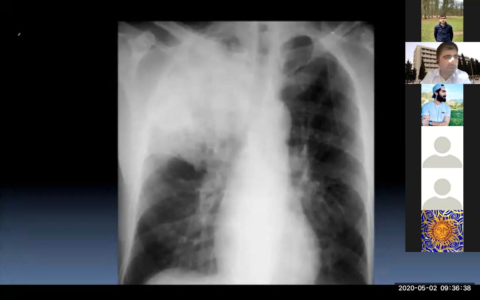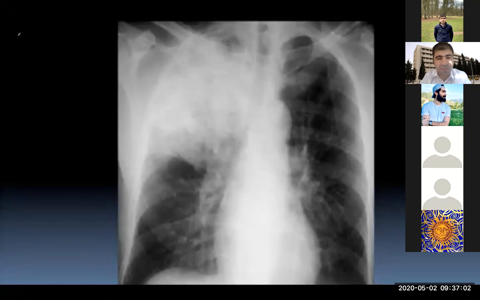About the effusion, I cannot see any effusion, but there is an opacity in the right upper lung. That's all. So what do you think about this opacity?